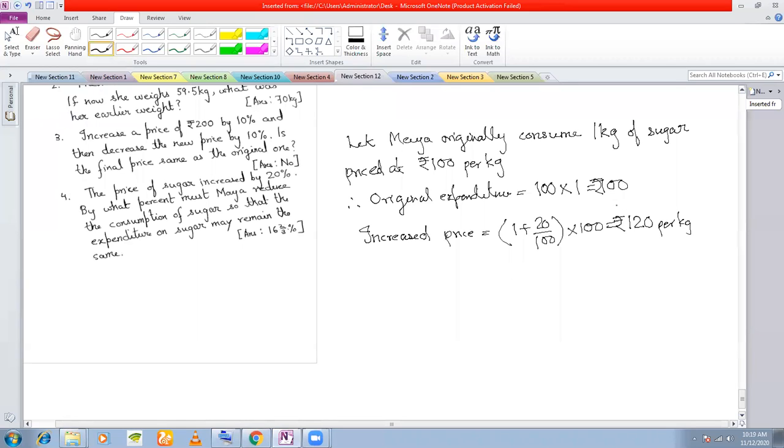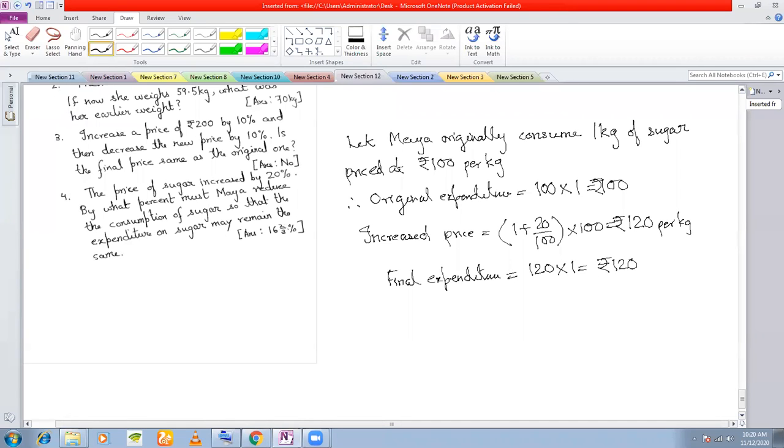So now what happens? Initially the original expenditure was 100. Now what is the expenditure? Now expenditure is 120 into 1. Now she is spending 120 rupees.